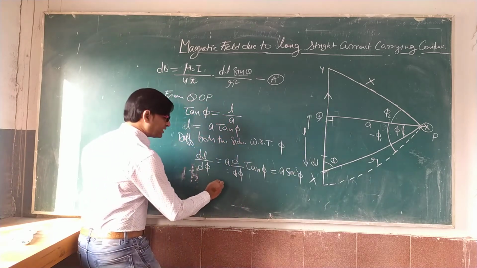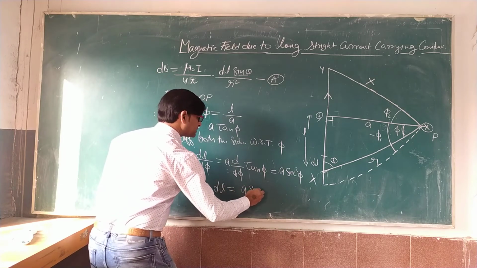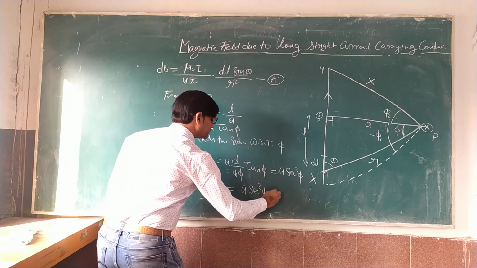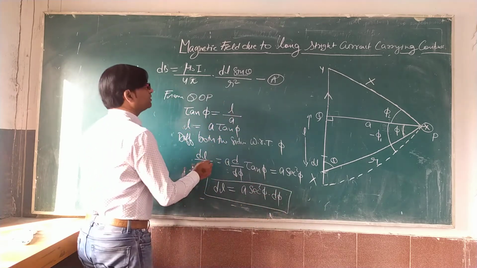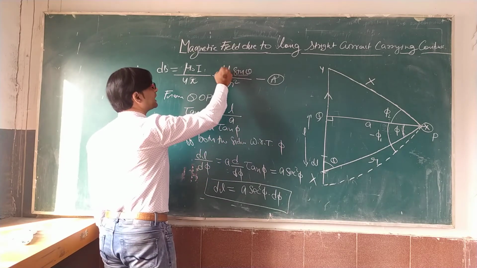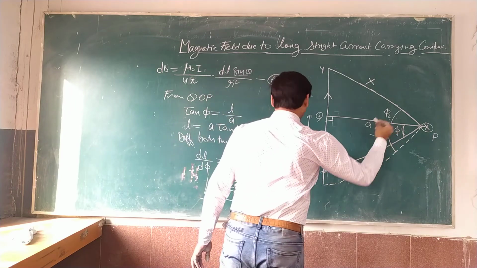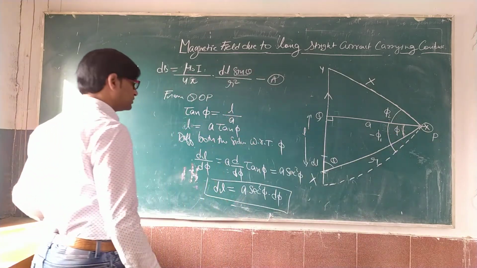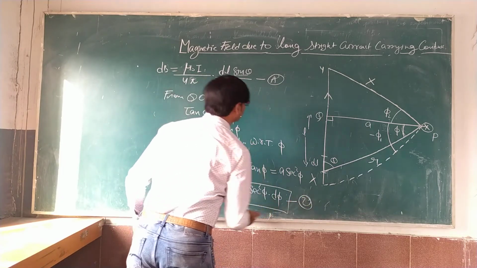So the value of this current element is dl equals A sec square phi d phi. So we have also got the equivalent value of dl with respect to phi. We can name it as equation 2.